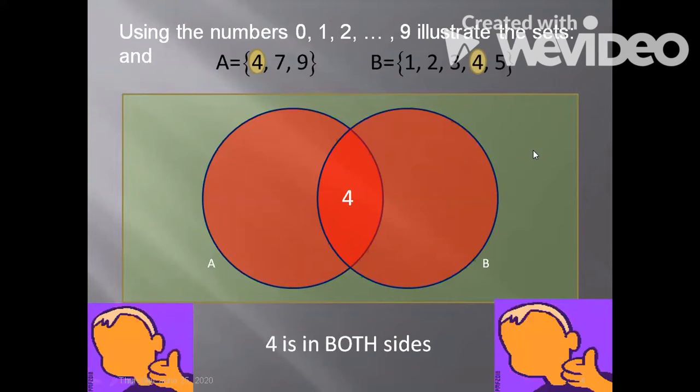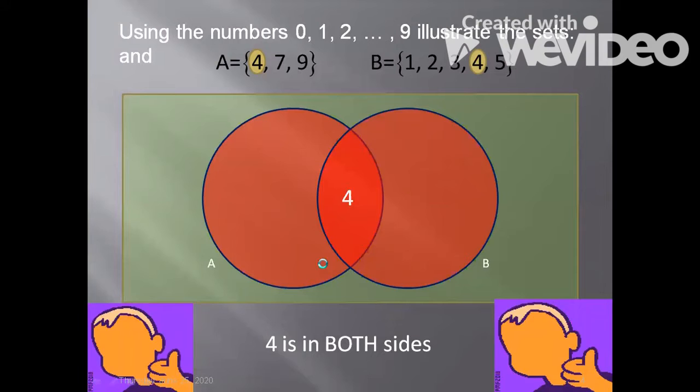Also, in set A, 7 and 9 are all by themselves, so we call it A alone or A only. Only 4 would share set B.